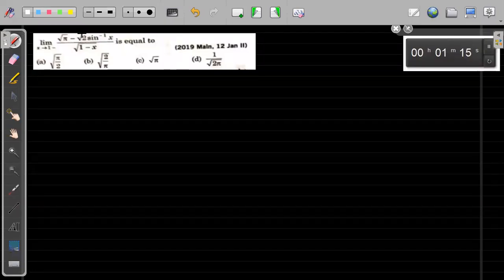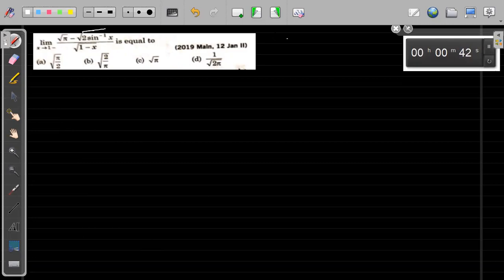This is root 2. This is pi minus root 2 sine inverse x. I hope everybody knows the differentiation of sine inverse x. If you do not know, I will write it. Yes, B, very good. Shivatsan, very good. 1 by square root of 2 by pi.